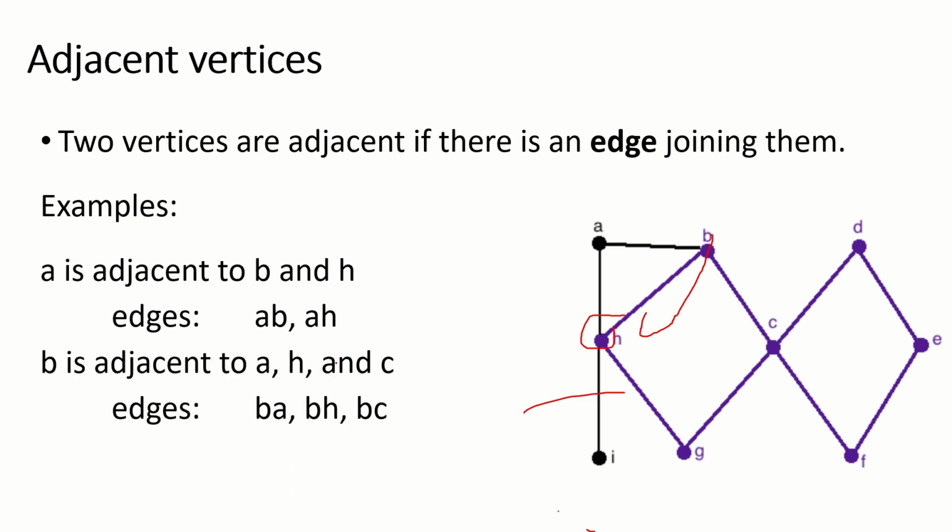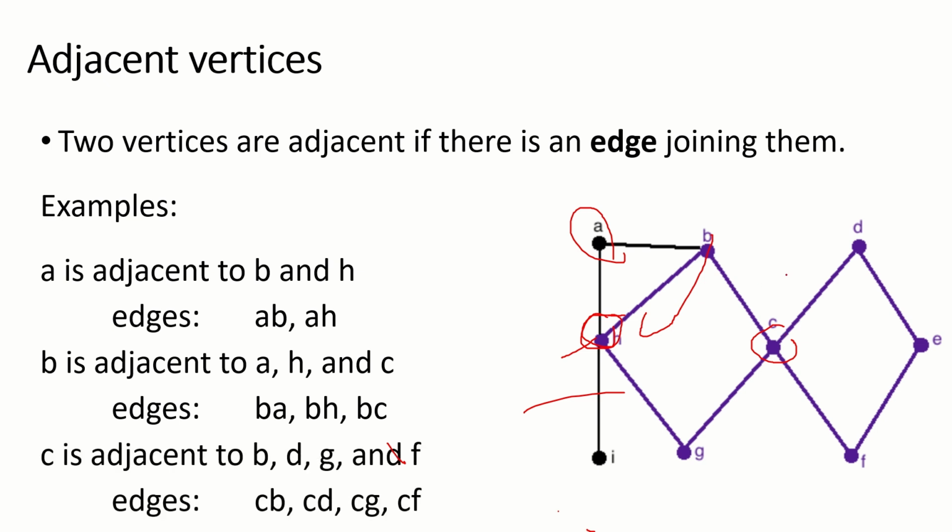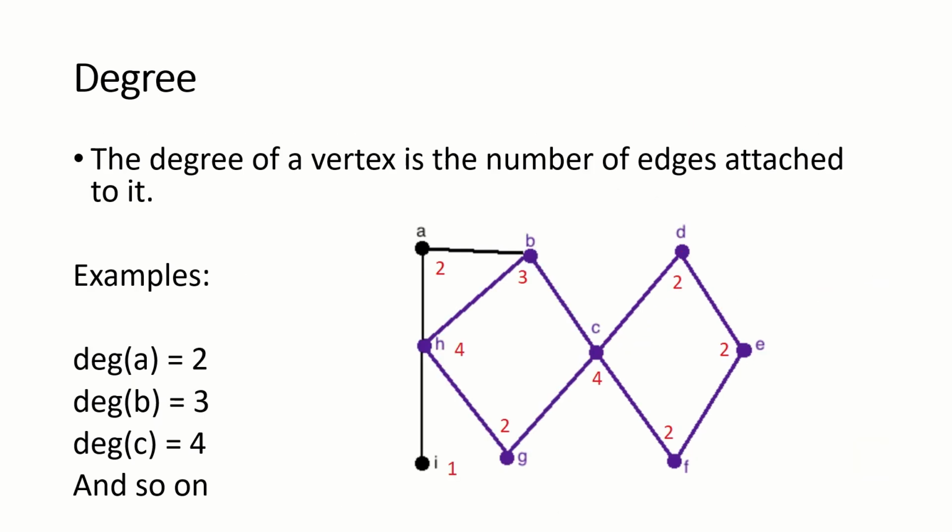Next, for B, adjacent for B, we have A, we have H, and we have C. And adjacent for C, we have now B, we have D, we have F, and we have G. Two vertices are adjacent if there is an edge joining them.